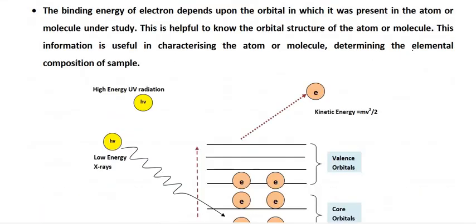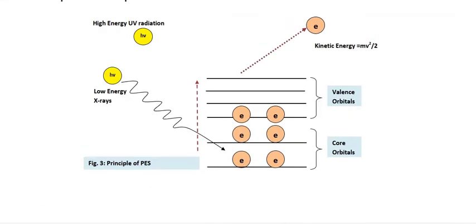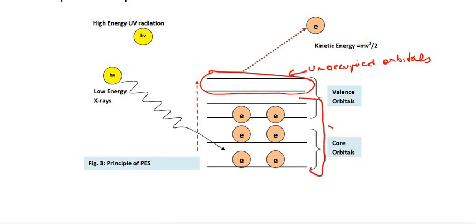In this figure, these orbitals are unoccupied orbitals, then these orbitals are occupied orbitals, and the occupied orbitals are further classified as valence orbitals. The outermost orbitals which have electrons are known as valence orbitals, and all other inner orbitals are known as inner orbitals or core orbitals. So this is how different orbitals are classified.